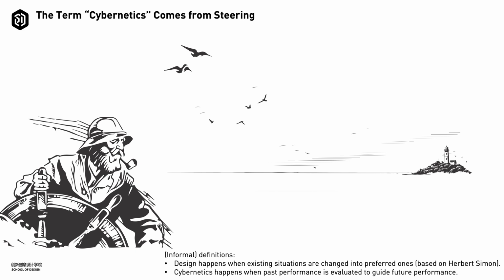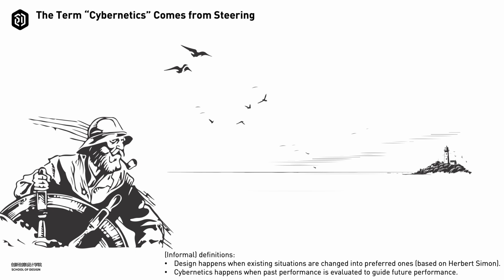Both fields, design and cybernetics, have in common that they are notoriously difficult to define. In neither field is there a generally agreed upon definition of what the field is actually about. There are many definitions of design and many definitions of cybernetics. We have picked two for the purposes of this presentation.